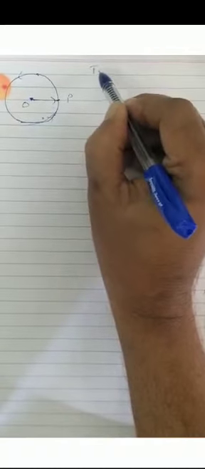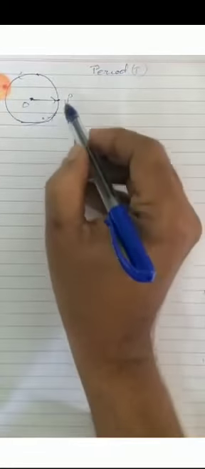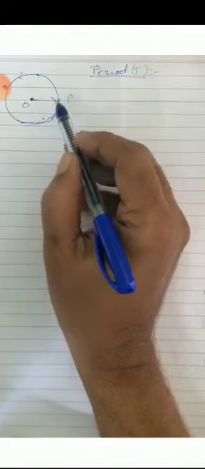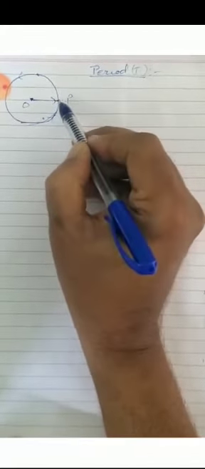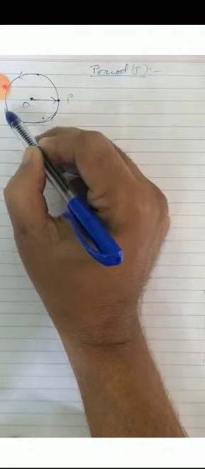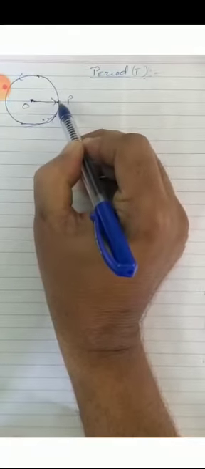Now let us see period of revolution. Period is generally denoted by T. What is period? The time taken to complete one revolution. Suppose if you start from this point P, then it goes in this way, and again comes at the same point.